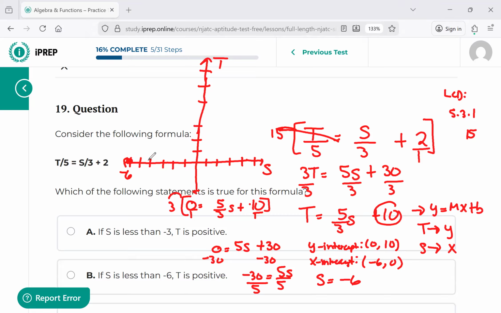So we have an x-intercept at -6, right here. And then do we have a y-intercept? Yes. So let's pretend this is 10. Okay. So if you connect the dots, as you can see, you have a linear line.